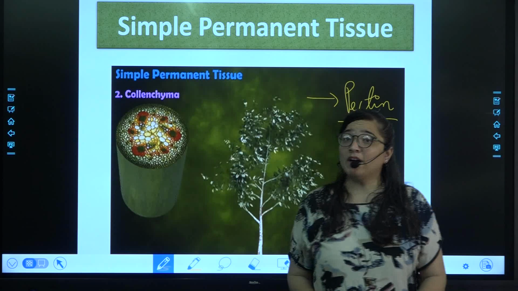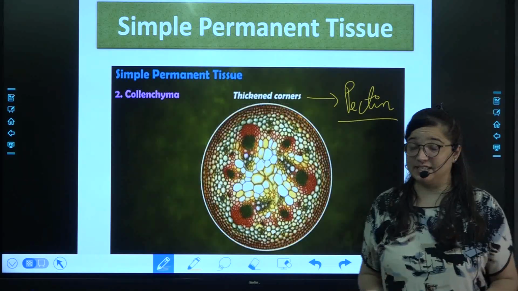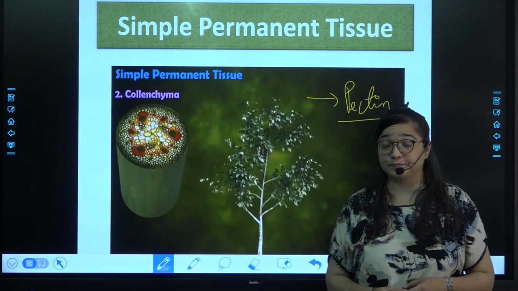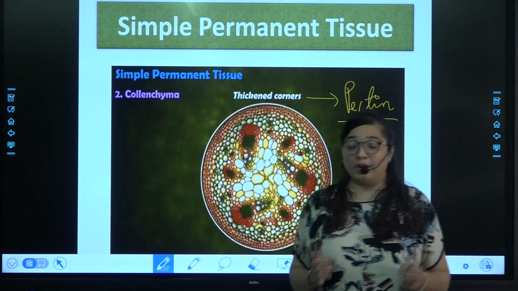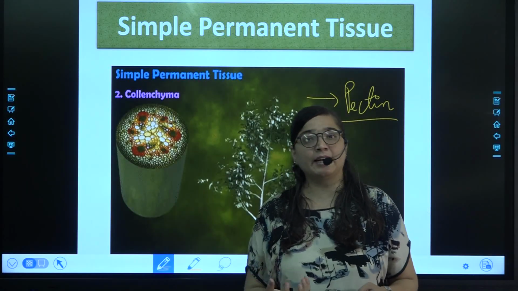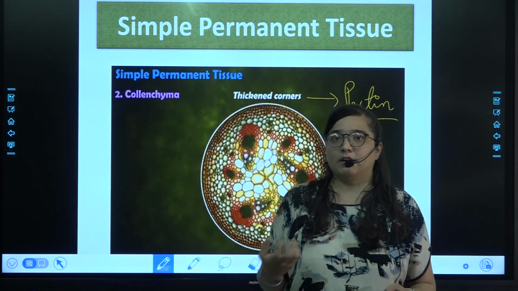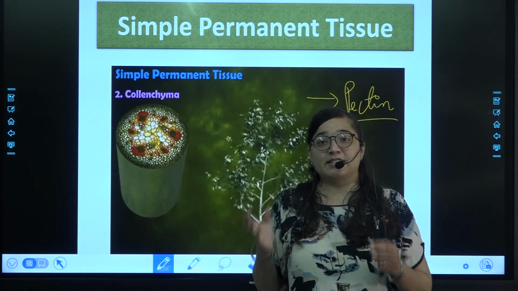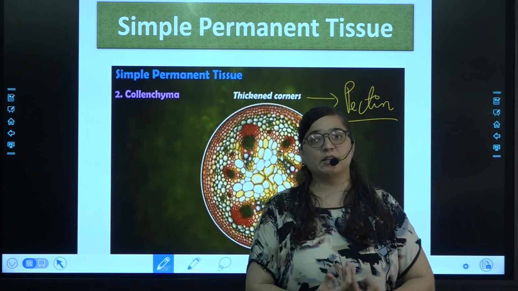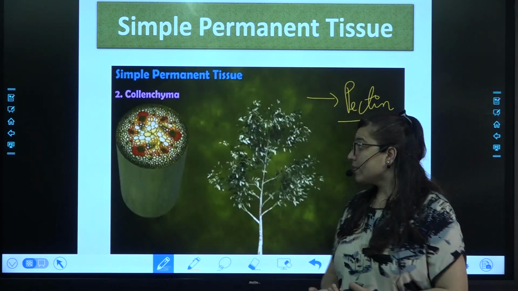Pectin. Now what exactly is pectin? Pectin is the material present in ripe fruits. You might have seen a jelly-like substance; pectin is like that. Its texture is somewhat like that.